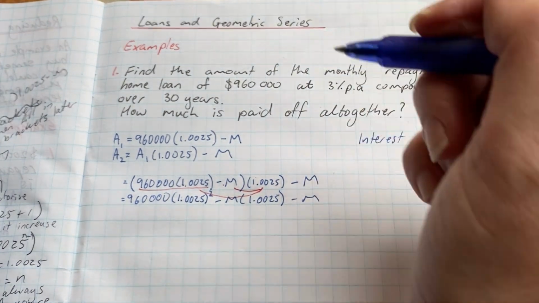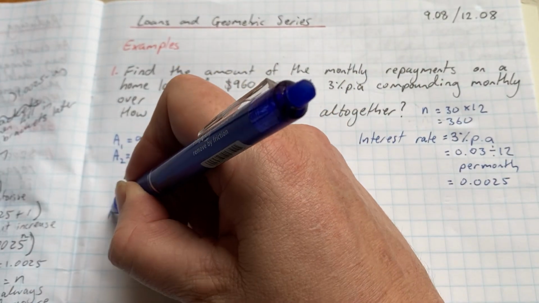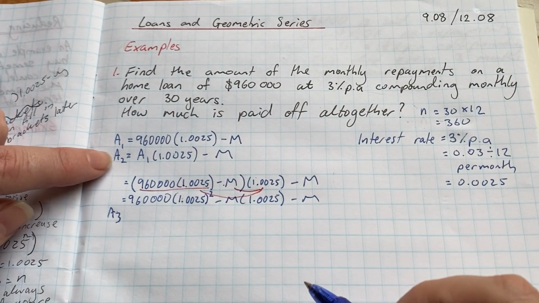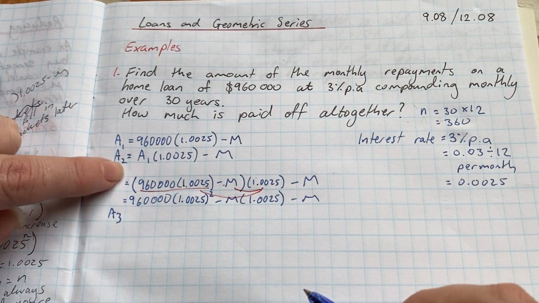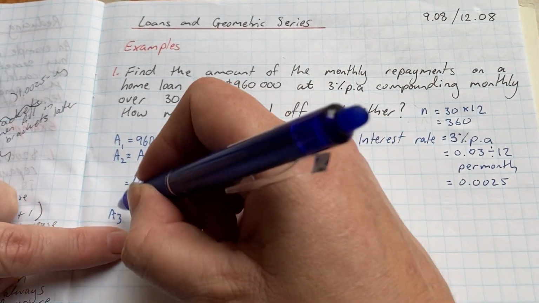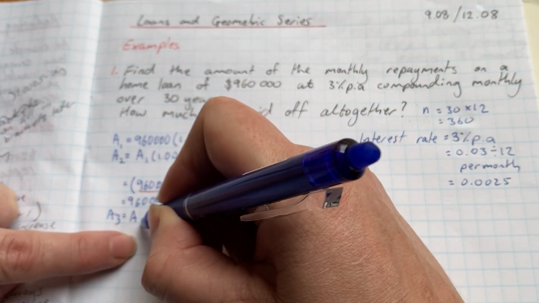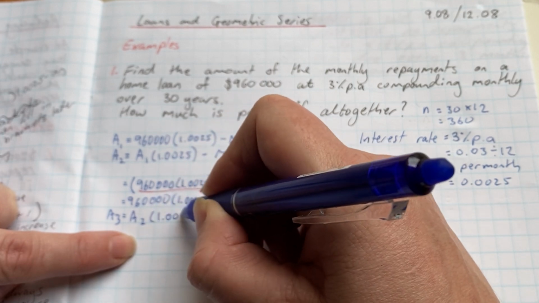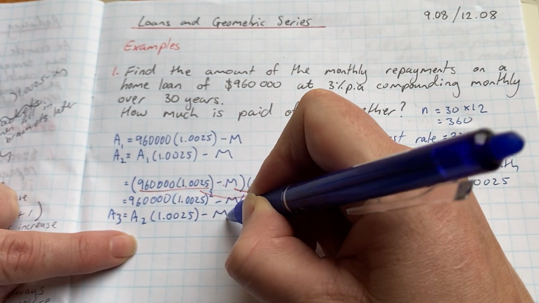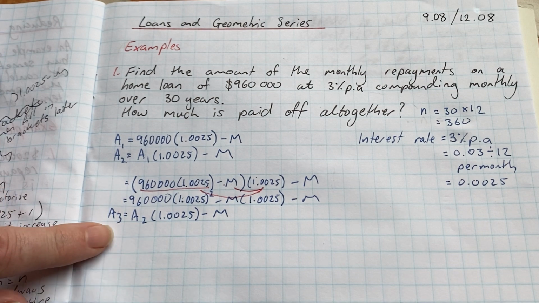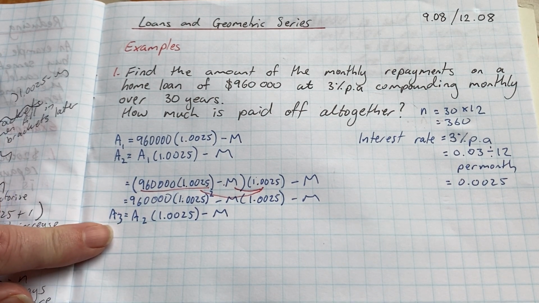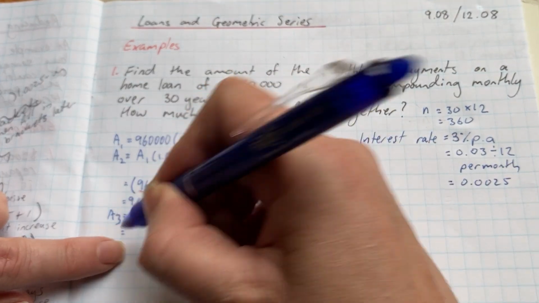Okay, so we do our A3. We're writing this line, but with 3 and 2 instead of 2 and 1. So A2 times 1.0025 minus M. We must write that line each time. If you don't write that line, you're much more likely to make mistakes.